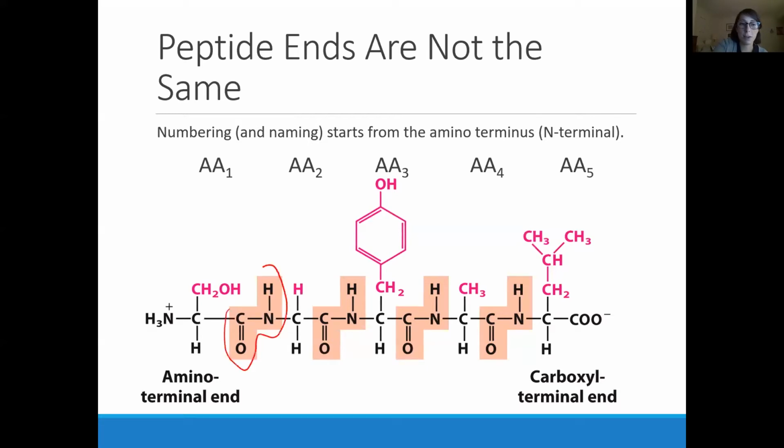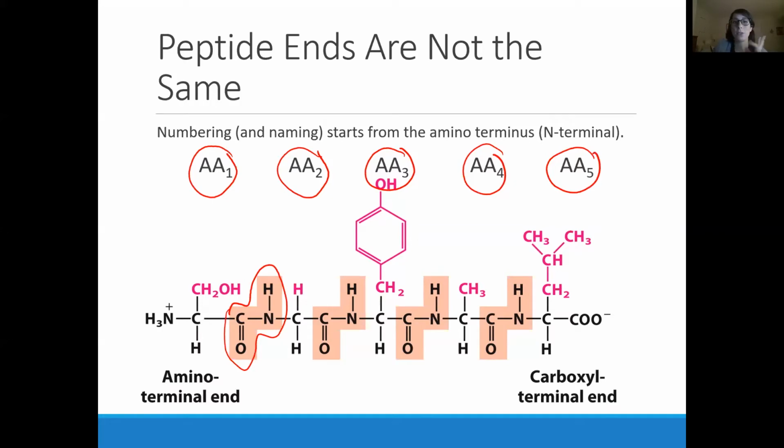This is a peptide bond that links together the first amino acid 1 and the second amino acid 2, and so on and so forth as we link on more amino acids 3, 4, and 5. Now notice we have two ends of our peptide. One end is called the amino terminal end.